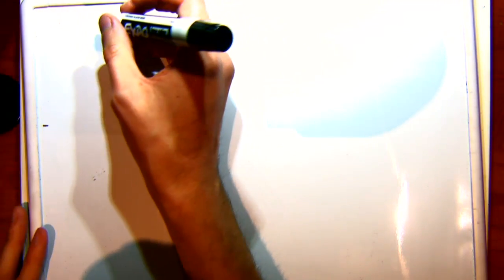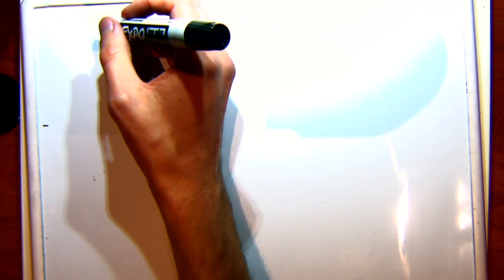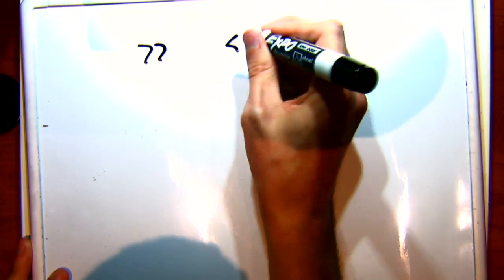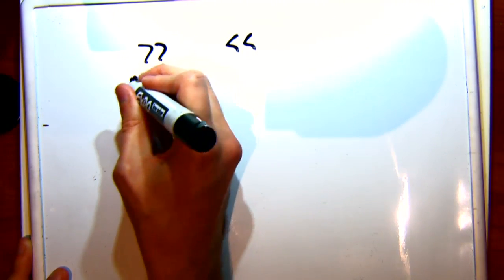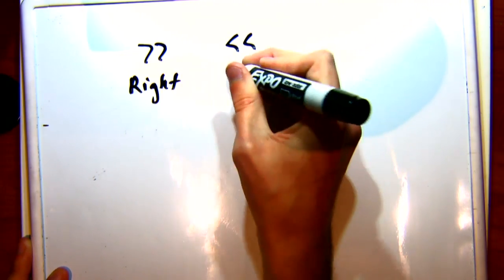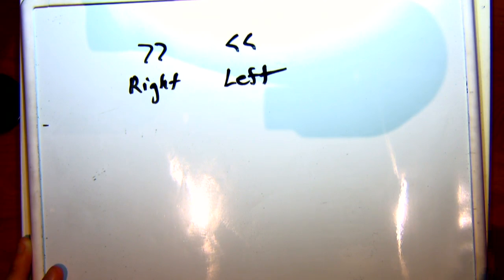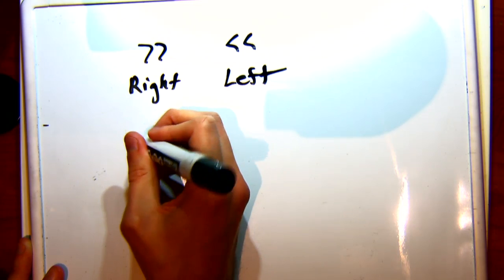All right, so one more thing with Bitwise is shifting. So this is a shift right, this is a shift left. It basically takes one operand.